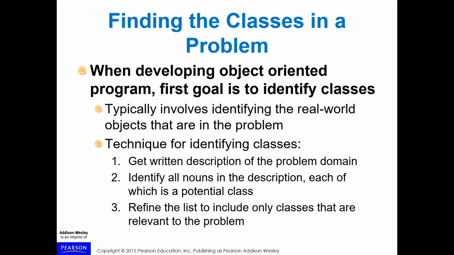Maybe identify all nouns. That might be a good trick. So I look at nouns, and are those my objects? Each of which is a potential class. Not every noun needs to be an object. Usually, you'll start with one class, and if you need more, you'll create more. But don't think that every noun has to be a class. Then you'll continue to refine the list to include only classes that are relevant to your problem.